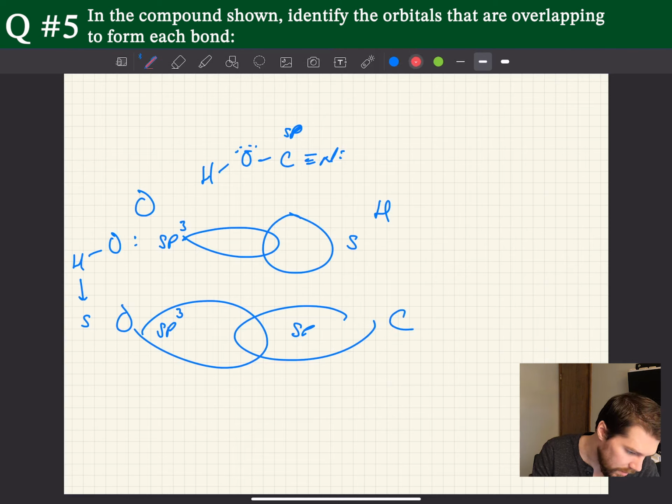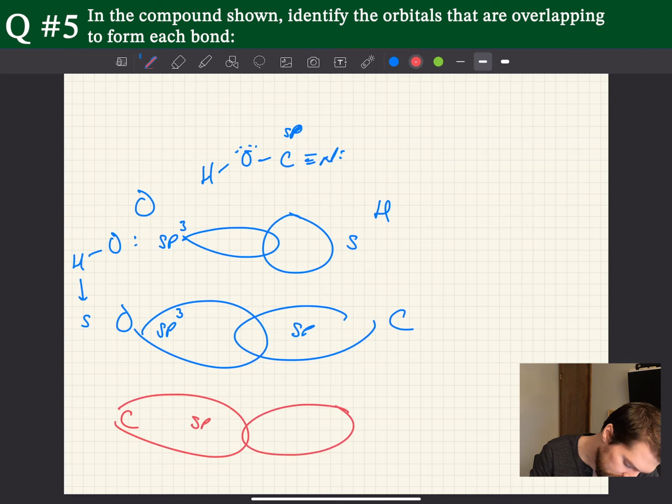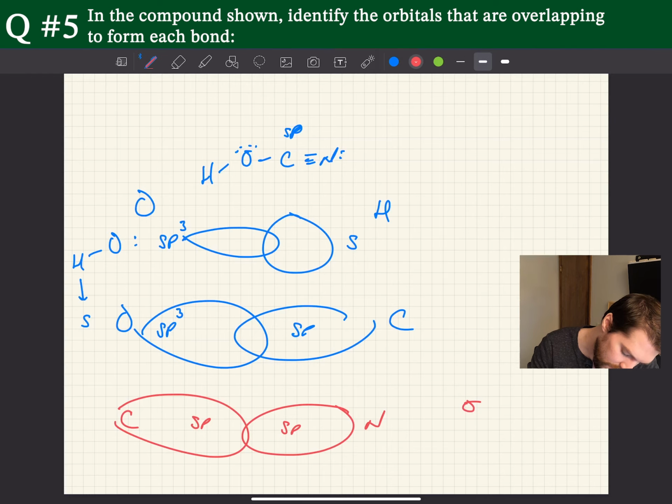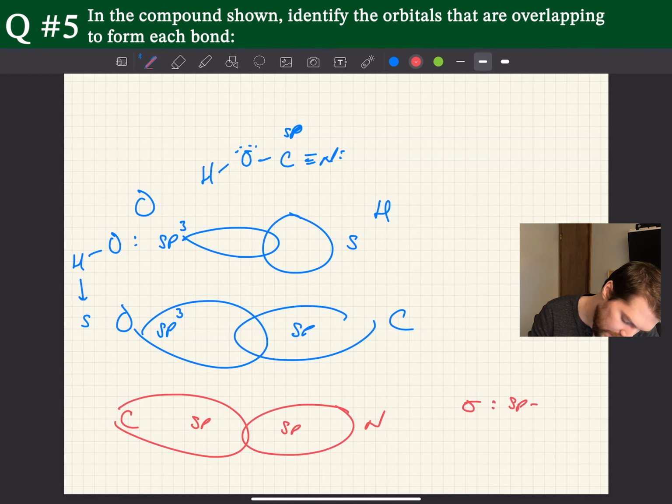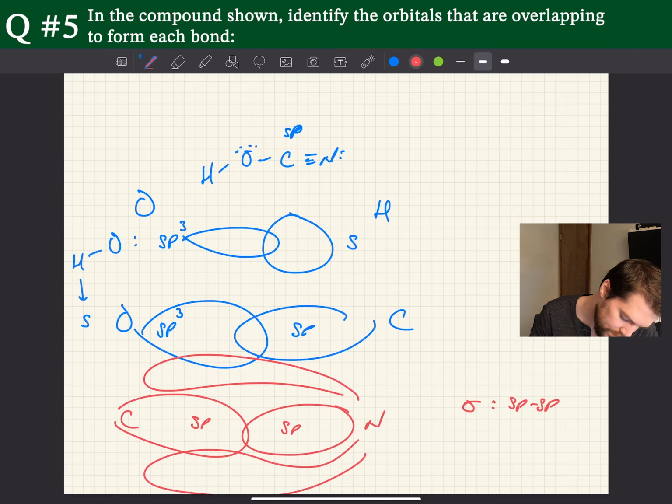Next one, letter C. We're talking about carbon and nitrogen. The first half of it is to form the sigma bond. The carbon we know is sp. The nitrogen is also sp. So the sigma bond is formed from an sp-sp overlap. But then we have two pi bonds.